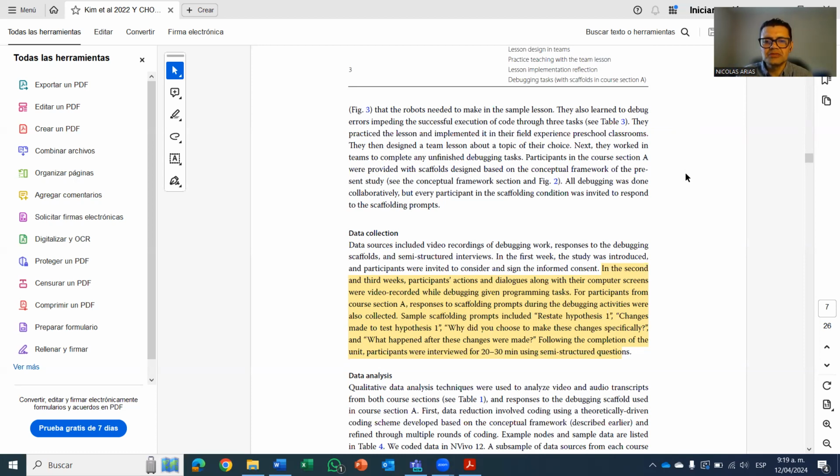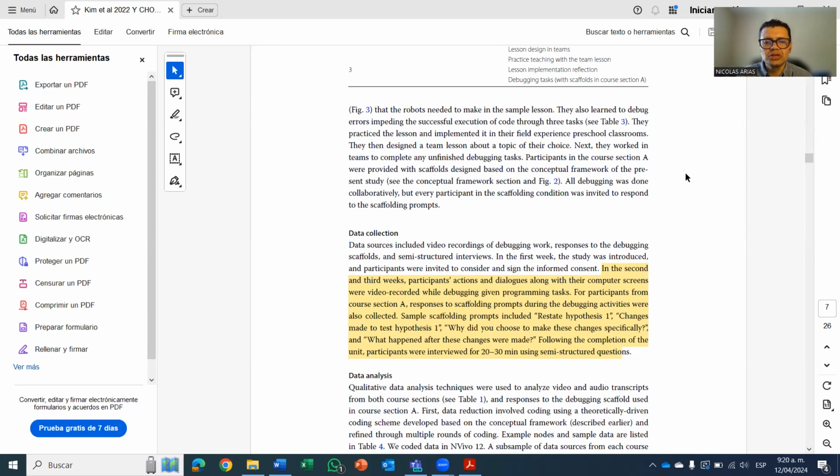For participants from course section A, responses to scaffolding prompts during the debugging activities were also collected. Sample scaffolding prompts included: restate hypothesis 1, challenge made to test hypothesis 1. Why did you choose to make this challenge specifically? And what happened after these changes were made?